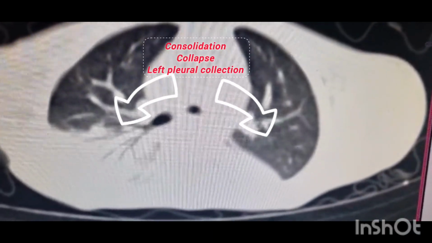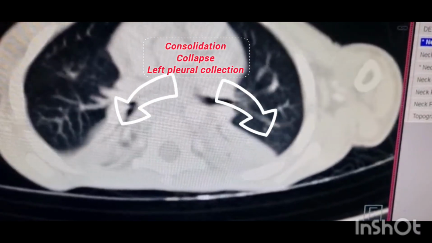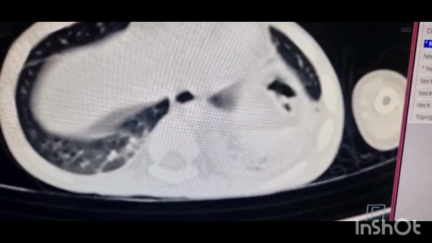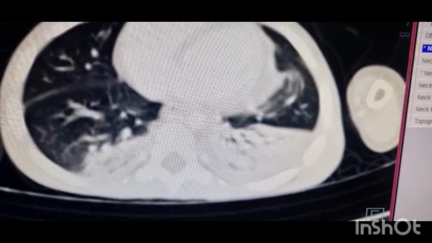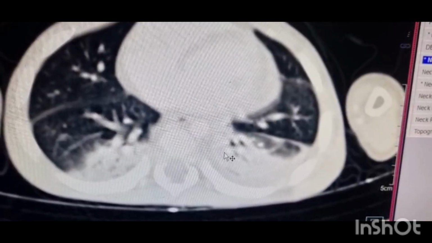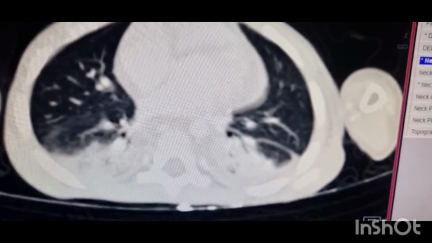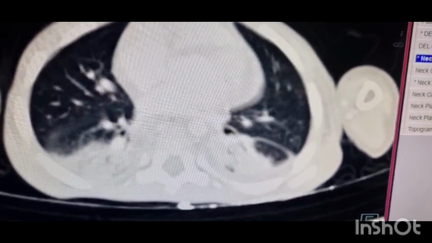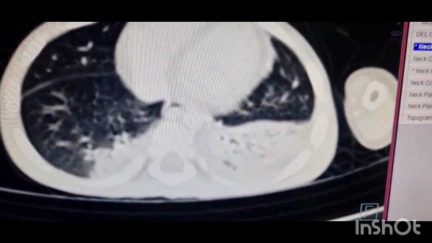We can see collapse and consolidation in the basal segment of the bilateral lower lobe, and we can see a minimal amount of hypodense collection. Since this is a lung window, we cannot see such a clear hypodense fluid here, but there is a minimal amount of hypodense collection in the left pleural cavity.